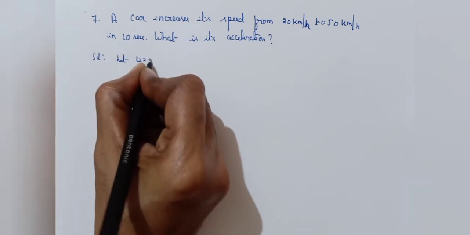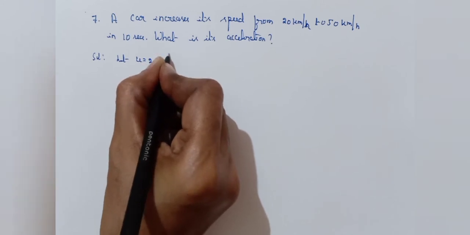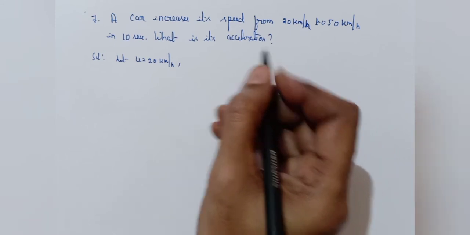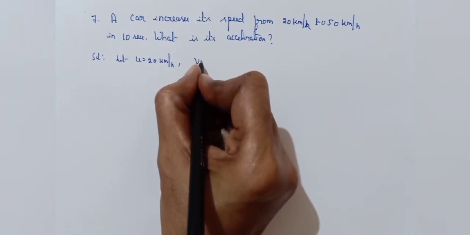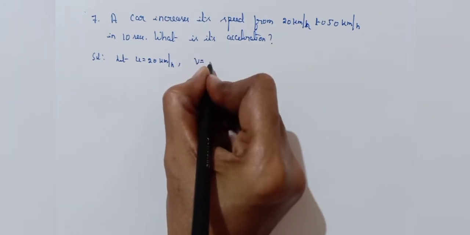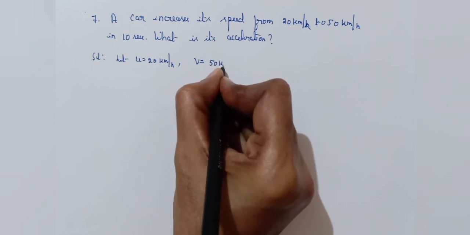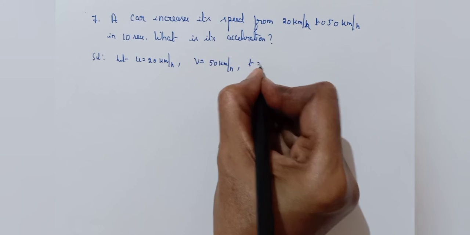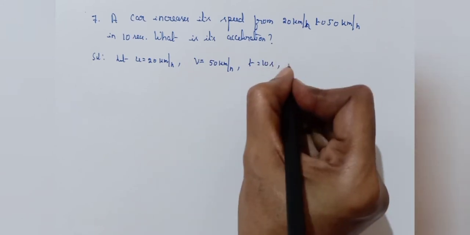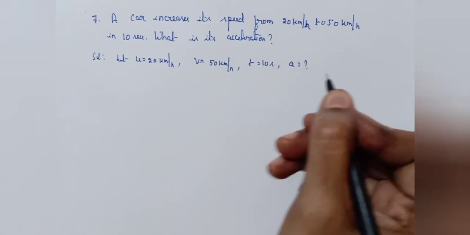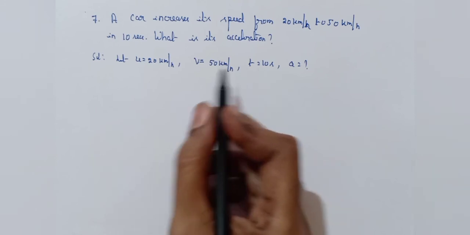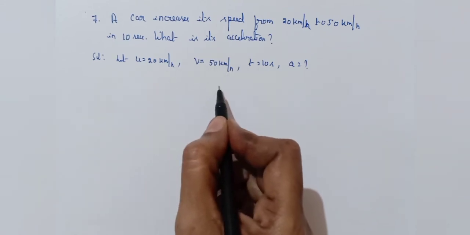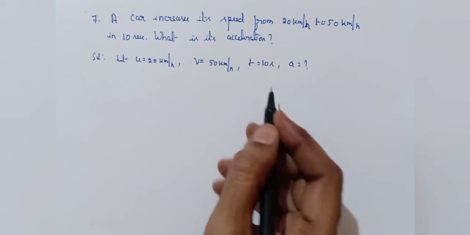Let u is equal to 20 km per hour, and it increases to 50, meaning the final speed is 50 km per hour, and the time is given, that is 10 seconds. Find out the acceleration. Here the time is in seconds and the speeds are in kilometer per hour. Convert kilometer per hour into meter per second.